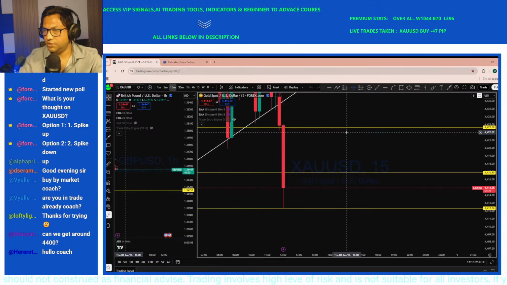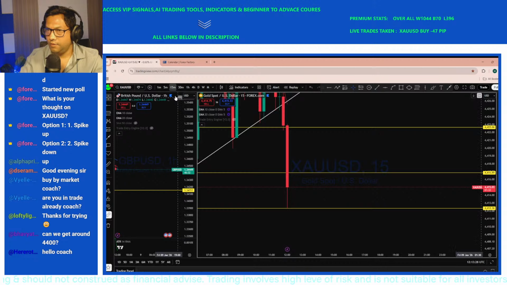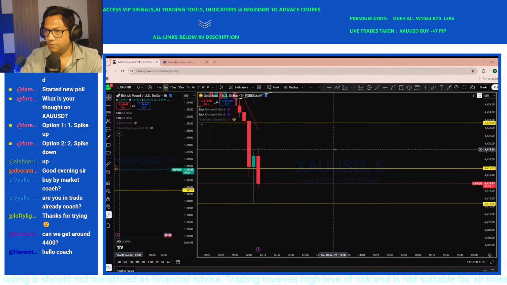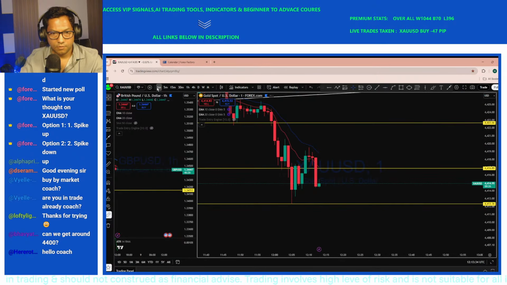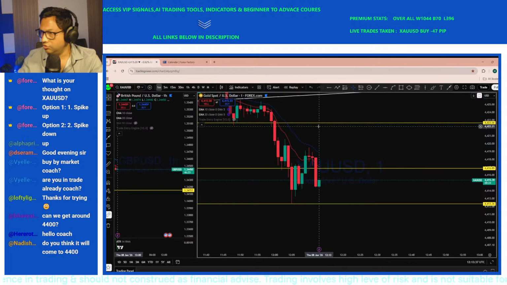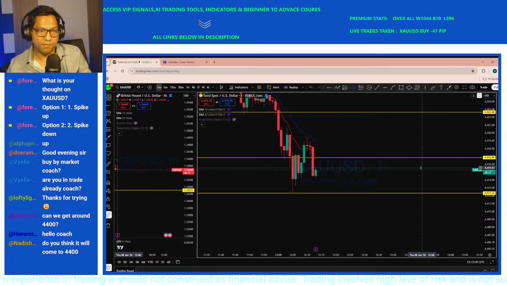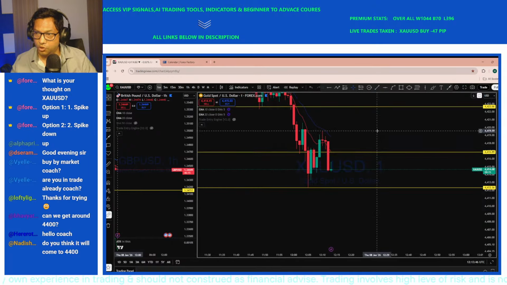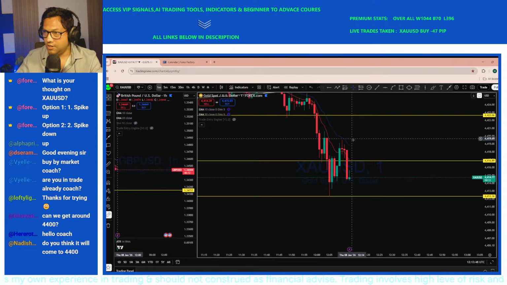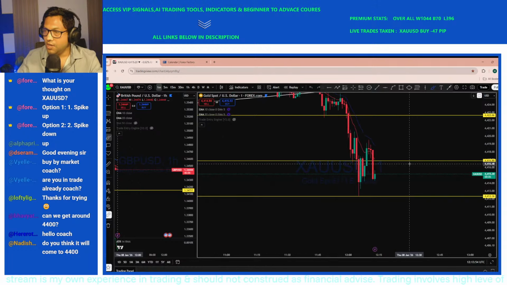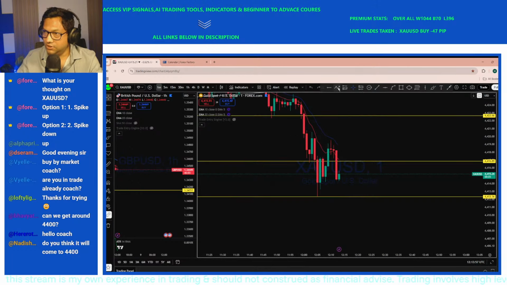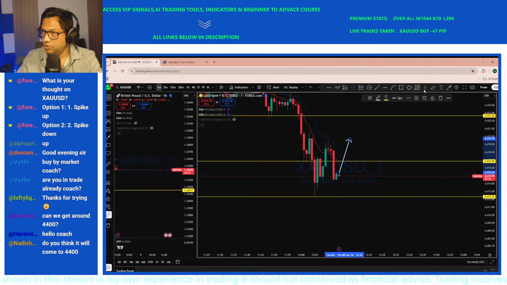So in the first 15 minutes candle that you can see here, do you think it will come to 4400? Even it can go lower, the way the market is showing, there is a possibility to go even lower. So this is a current level of resistance that the market is approaching, and with this current level of resistance, we are looking at the market to show up and then revert back below.